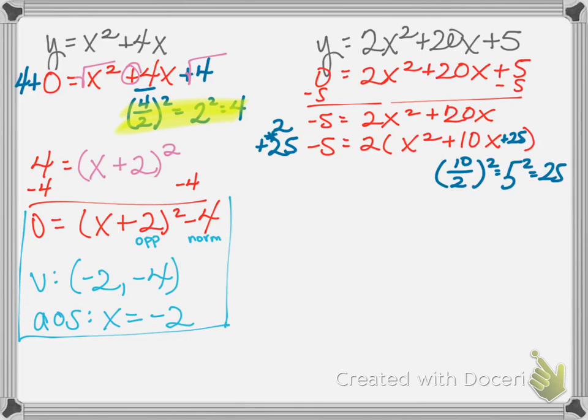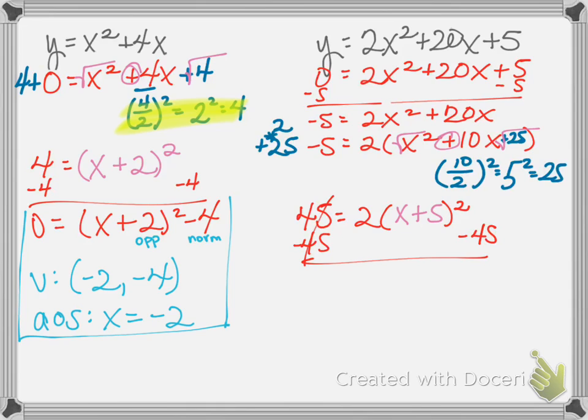So really, this is going to be 50 minus 5, which is 45. And then I'm going to factor this side. So again, square root of the first, square root of the last, sign of the middle. That gives me x plus 5 squared.